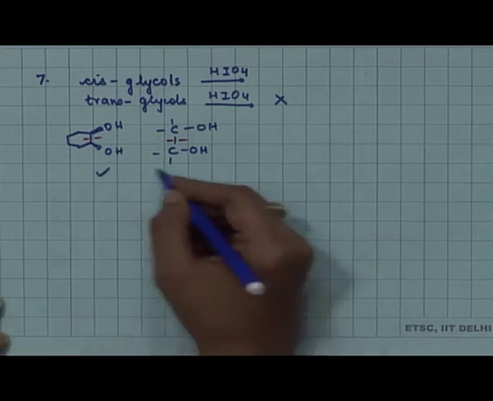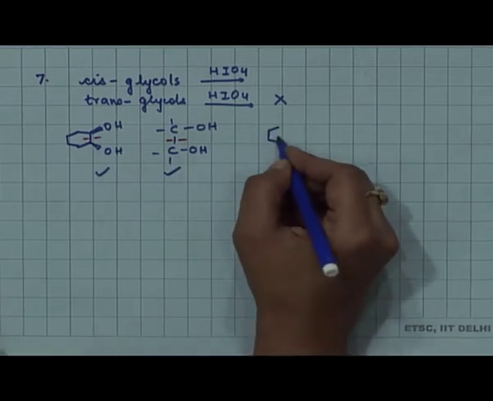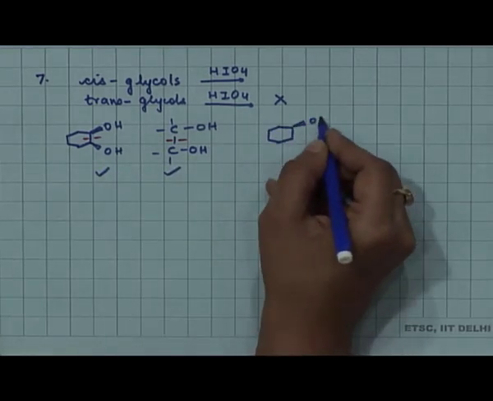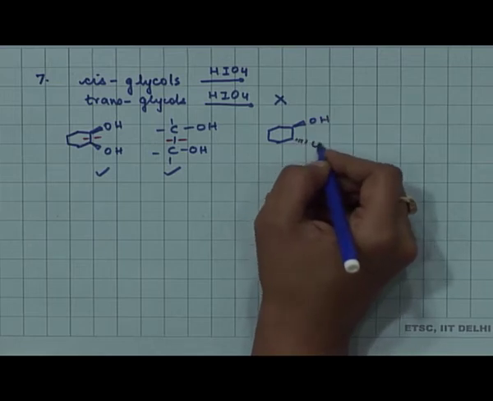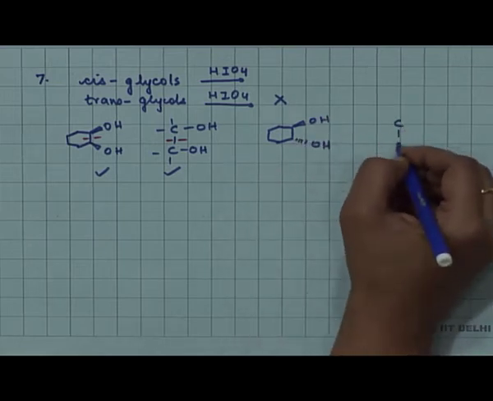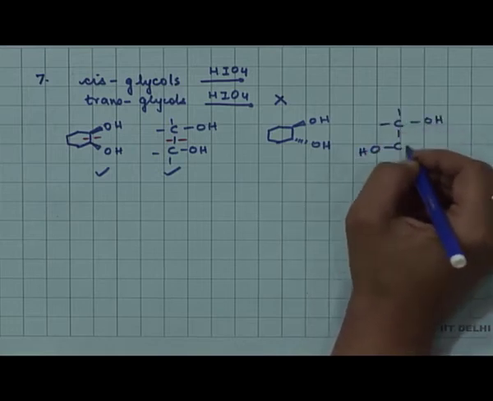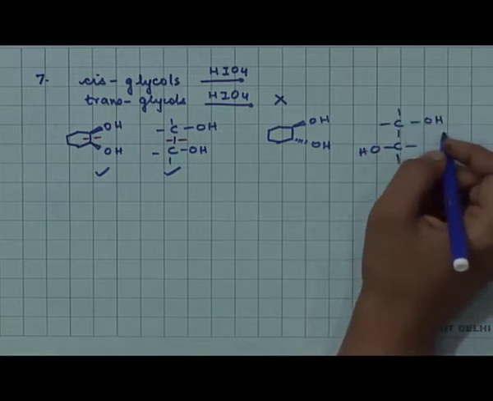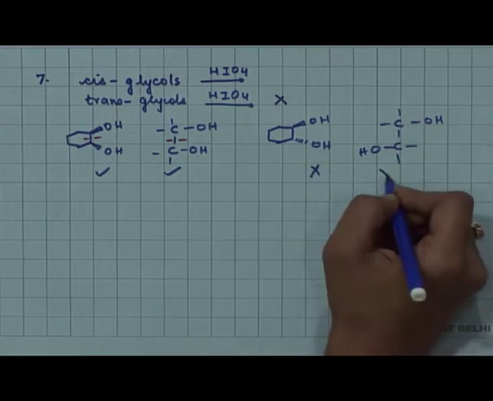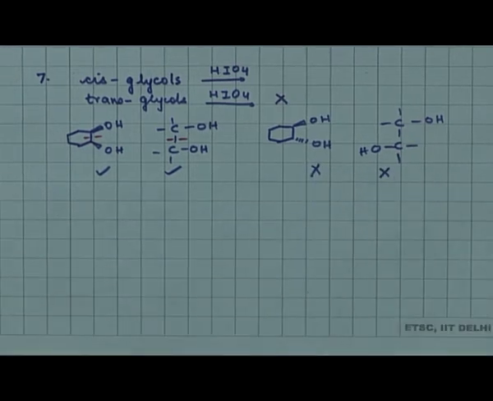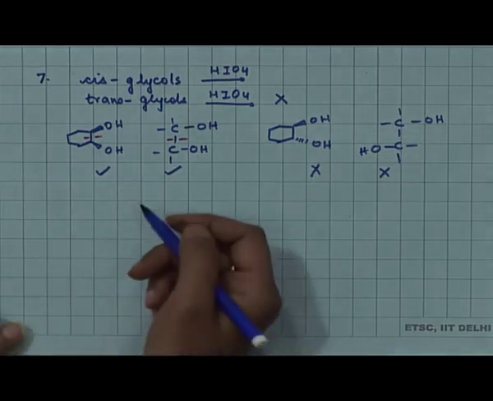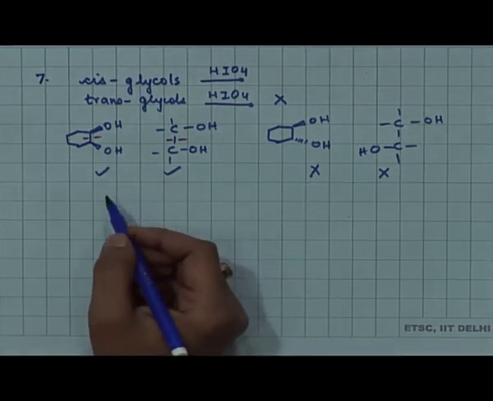But if you start with the trans isomer, for whatever reason, if this stereochemistry is fixed here, then these are not oxidized. So, the question is why? Why does it give oxidation only with the cis stereochemistry?